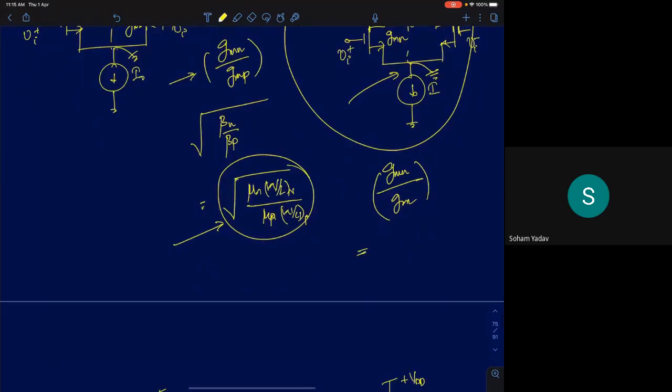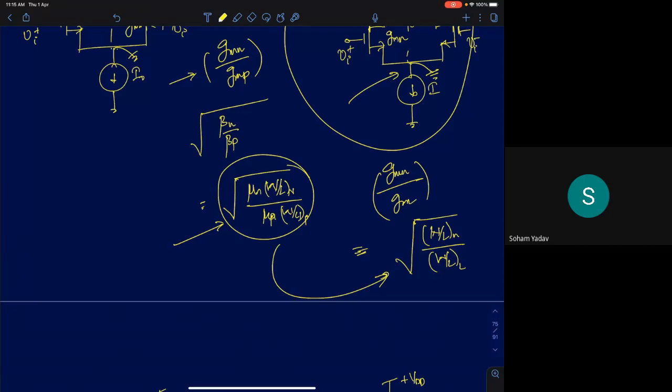So what will that ratio be? If you are asked to find this ratio GMN by GML, can I say it will simply be the W by L ratio of the input NMOS transistor by the W by L ratio of the load transistor? So there is not even a mobility dependence here. The gain is just dependent upon the ratio of widths.